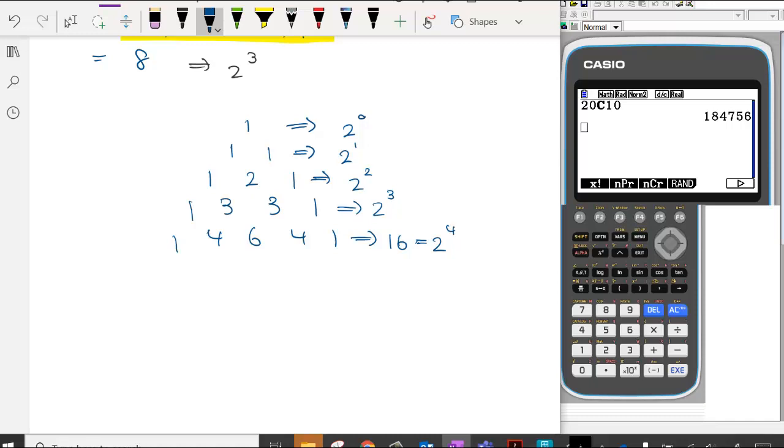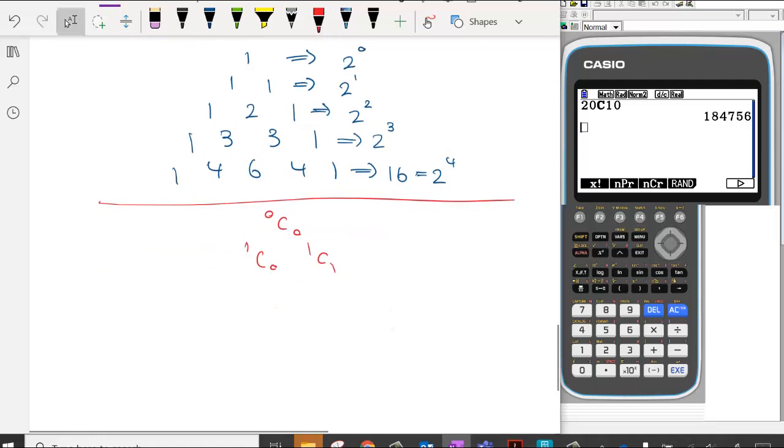Now, I hope you recall from last time when we looked at Pascal's as combinations. So it would be the same to write this one as 0C0, then 1C0 and 1C1, then 2C0, 2C1, 2C2, and so on.